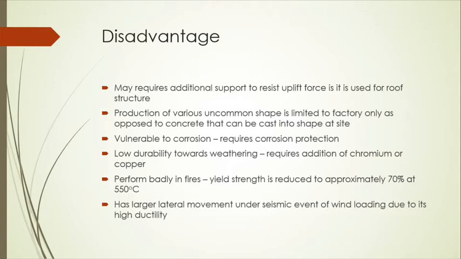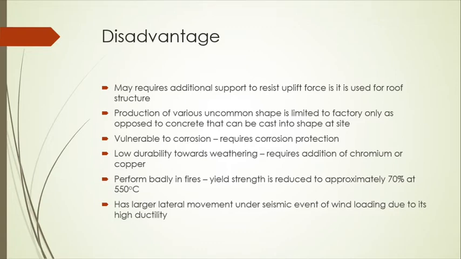Also, the production of various uncommon shapes is limited to factories only, as opposed to concrete that can be cast into shape at site. Although steel can be formed into various shapes, it depends on the factory. Factories produce the most common shapes used in the industry, as I mentioned before, for welded fabric and wire fabric, but the largest sizes are not produced at the factory, so you need to tie them up yourself.